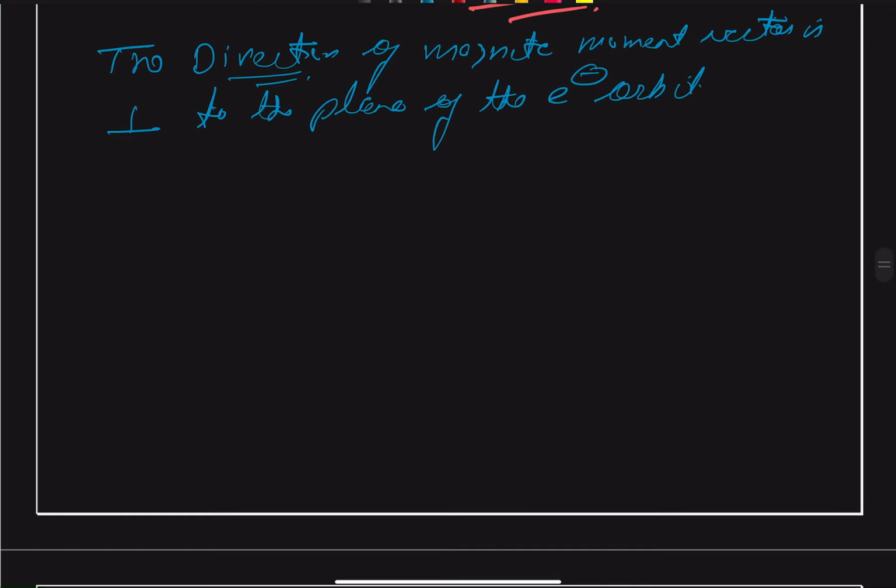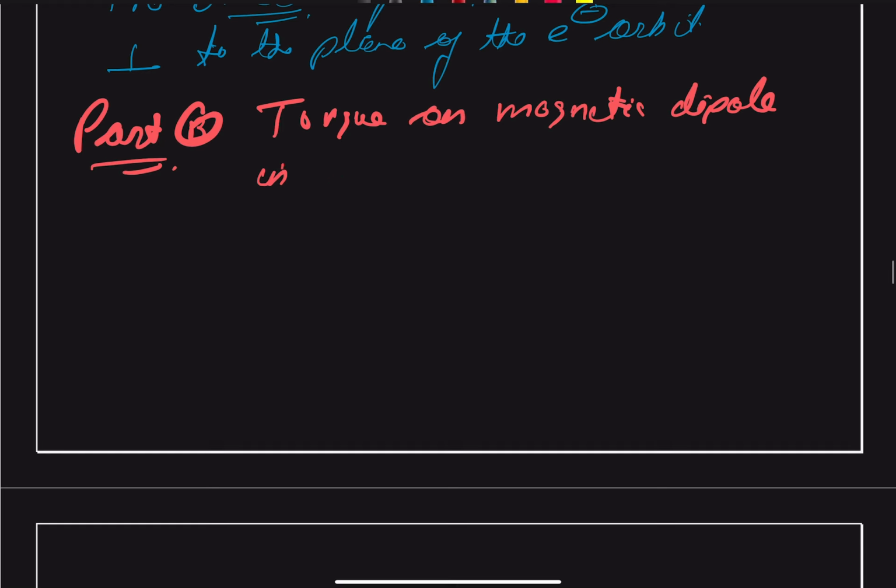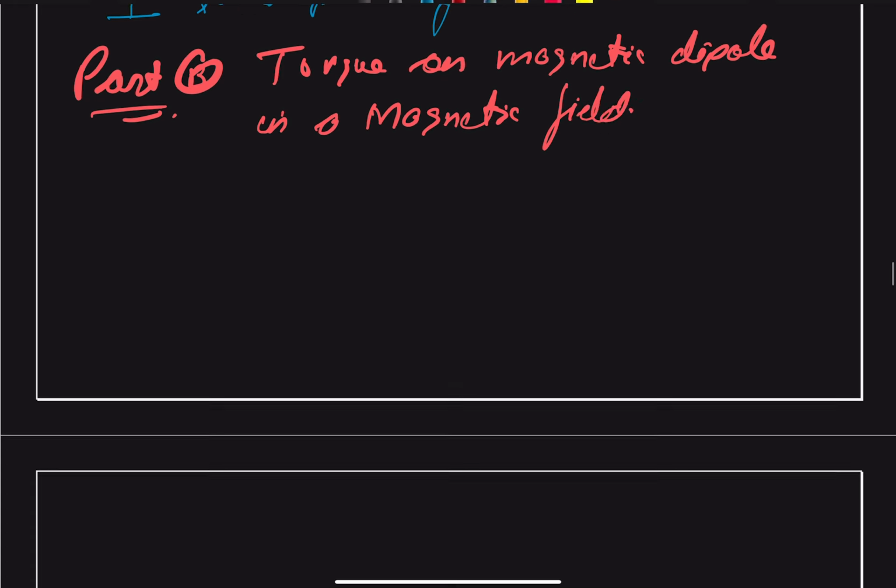So we come to part B. We find out the torque on a magnetic dipole in a magnetic field, and it is given that the atom is placed in the magnetic field B, and the magnetic moment vector M makes an angle of 30 degree with the magnetic field.